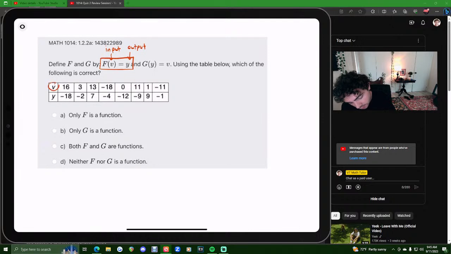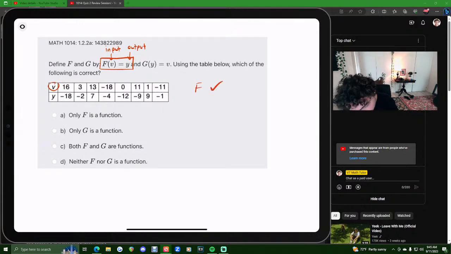So we scan across the v row here and ask ourselves, are there any repeated values? 16, 3, 13, negative 18, 0, 11, 1, negative 11. I didn't see any repeated v values. So that's all we need to identify that f is a function. Because there are no repeated v values, and v are the inputs, f is a function. So f is good. I'll just say f, check.